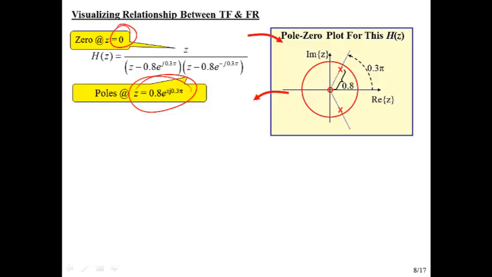And so there's a pole-zero diagram for this. We've got the zero at the origin, and then we've got two poles, 0.8 in radius from the origin, and at plus or minus 0.3 pi. So we go up 0.3 pi and out 0.8, and there's one pole, down 0.3 pi, out 0.8, and there's our other pole. So there's our pole-zero diagram for this particular system.